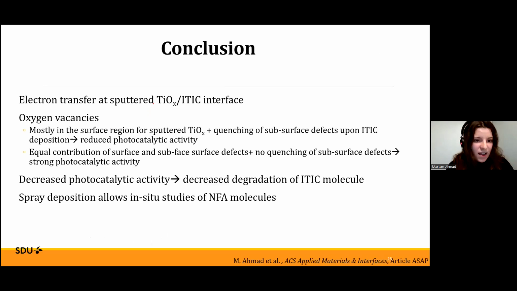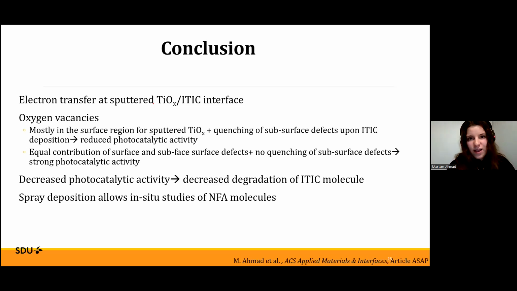NFA molecules in devices. So just to conclude this study, we saw that at the interface between sputtered titanium oxide and ITIC, there is electron transfer, and that most of the oxygen vacancies for sputtered titanium oxide lie on the surface both before and after ITIC deposition, which results in a reduced photocatalytic activity, as opposed to anatase titanium oxide, where there is an equal contribution of surface and subsurface oxygen vacancies.